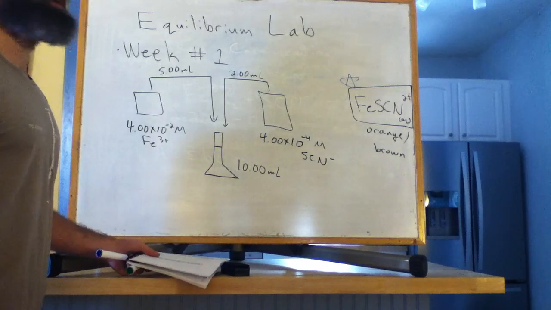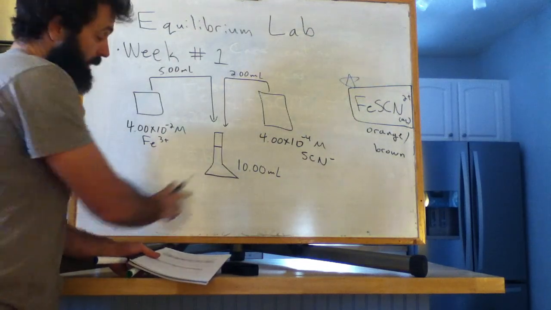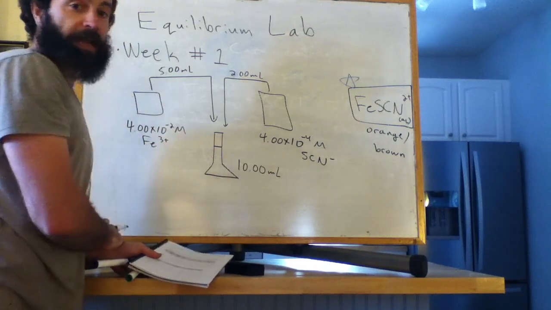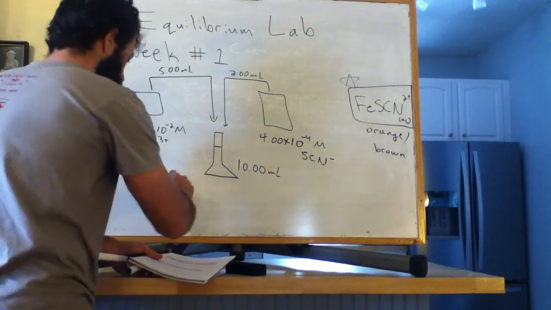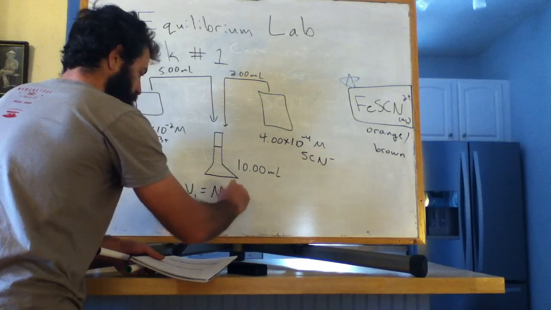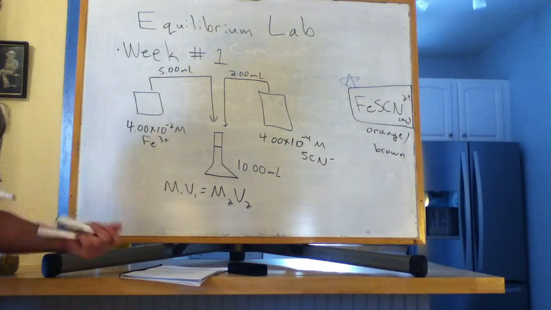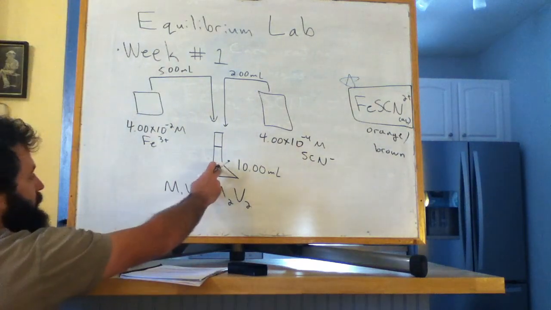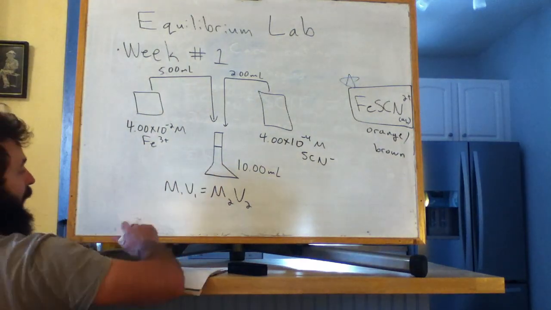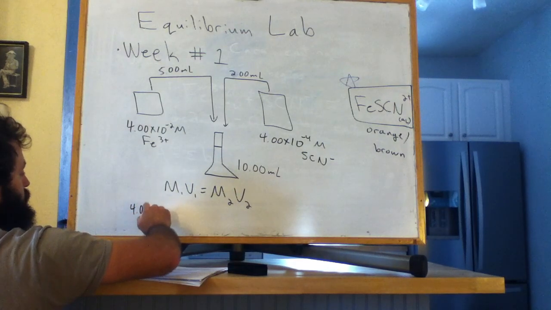So what we want to figure out is what are our initial concentrations of iron and thiocyanate in this flask. Well, remember, it's a simple dilution calculation: M1V1 equals M2V2. So let's do iron. How do we find the concentration of iron in this flask? Well, our initial molarity was 4 times 10 to the minus 2.